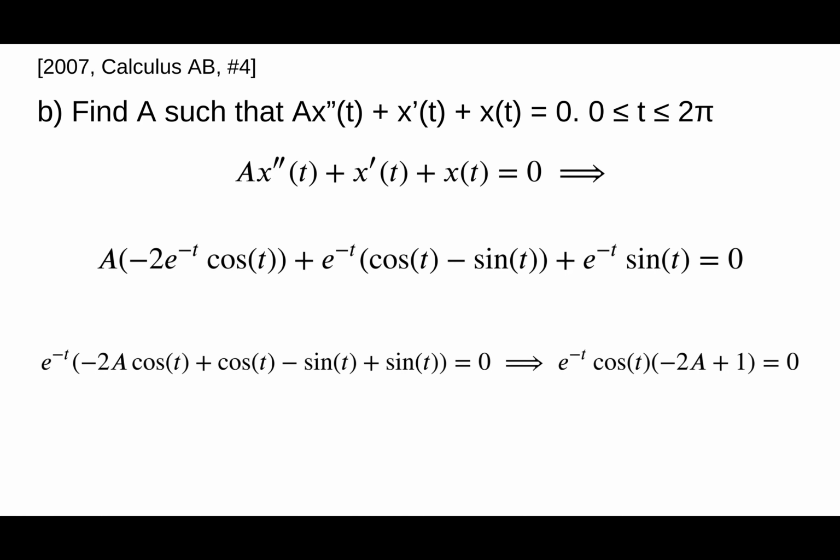Well, we also have a common factor of cosine t that we can factor out. All right, so e to the negative t cosine t times negative 2a plus 1. If I specifically want to know what value of a will cause this to be true, we just solve the equation negative 2a plus 1 equals 0, and a would have to equal positive 1/2.